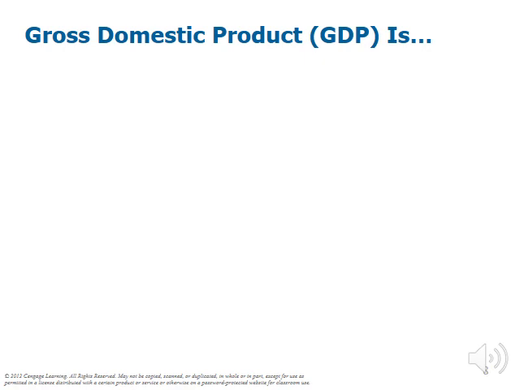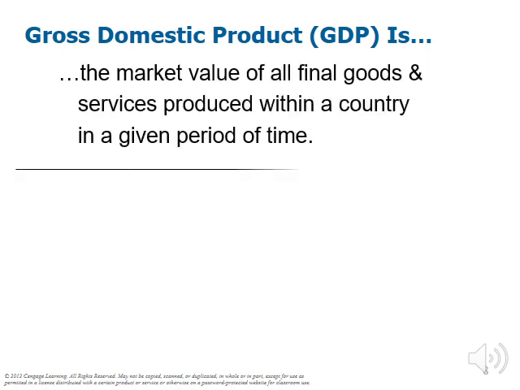If we think of GDP as the market value of all output, we have to ask the question, how do we aggregate or add together all of the things that are produced in the economy? For instance, if I had 2 apples in my economy, my GDP would be 2 apples. If I had 2 apples and 3 oranges in my economy, I would have 5, well, I can't add apples and oranges, can I?